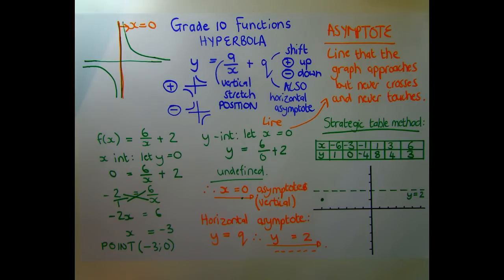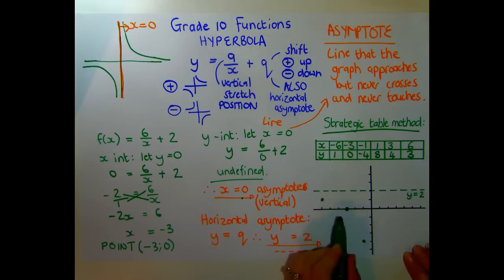Then another point that I'll plot will be -3 and 0, which I actually worked out twice because it was the x-intercept and it was also on my table. So -3 and 0, -3 on the x and 0 on the y is there. Then -1 and -4 is going to be down here. And there I've got these 3 points.